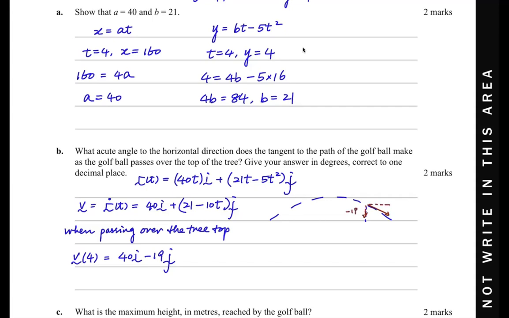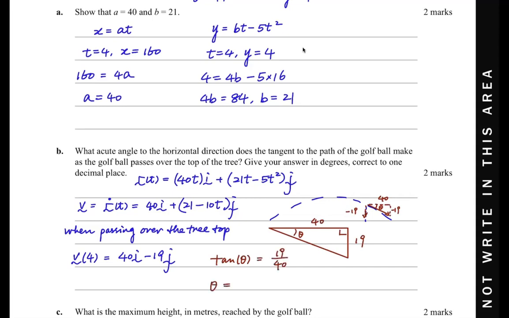This is minus 19, this is 40. So we want to find the acute angle theta here. Let's do a triangle here. Theta, 19, 40. So tan theta equals 19 over 40.